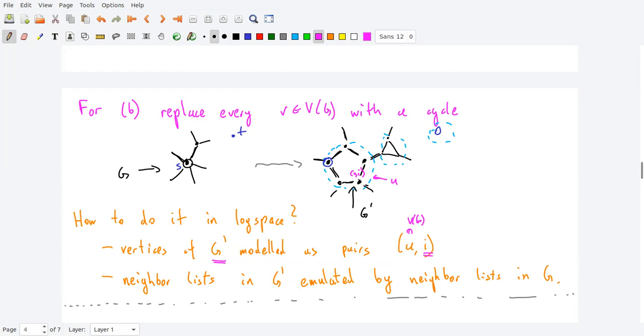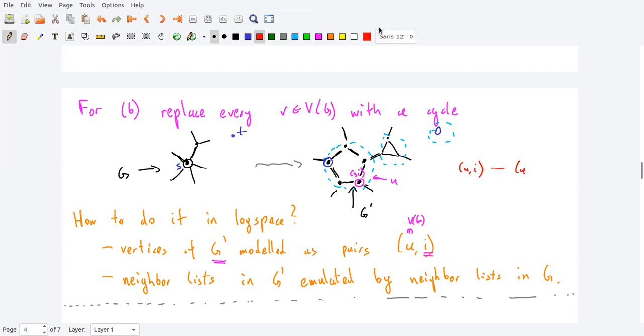And now if I have some vertex (U, i) of G prime, I need to be able to do some basic graph operation in the graph G prime, namely listing the neighbors of the vertex (U, i). So what are the neighbors of the vertex (U, i)?